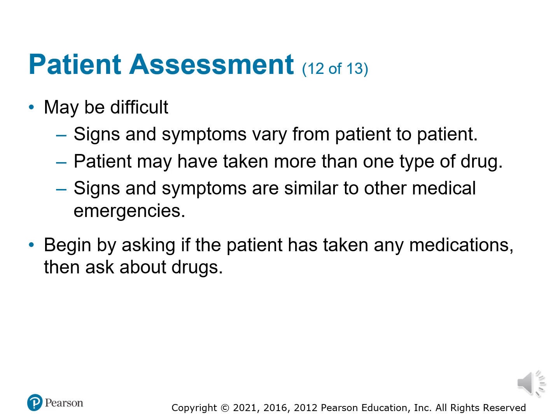When you're doing your patient assessment, it might be difficult. Signs and symptoms vary from patient to patient. Patients may have taken more than one type of drug, so you never know what you have coming down when you're going into the scene. Signs and symptoms are very similar to other medical emergencies. So begin by asking if the patient has taken any medications, and then ask about any additional drugs.